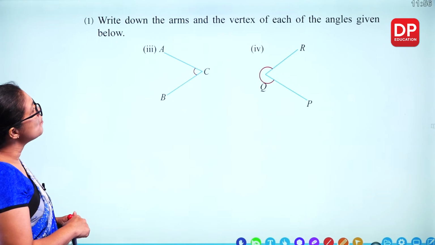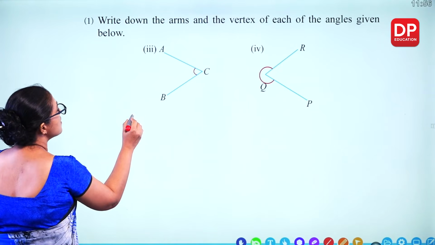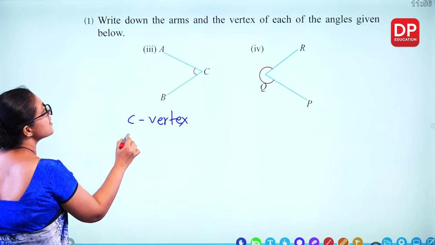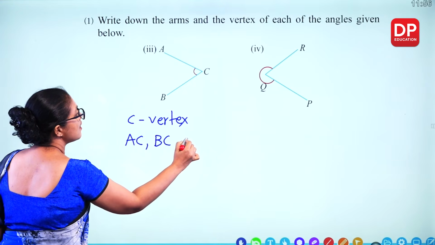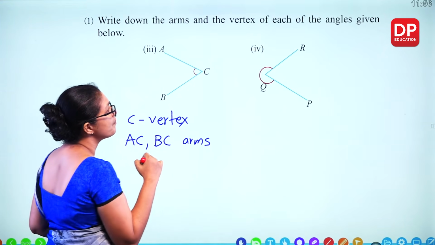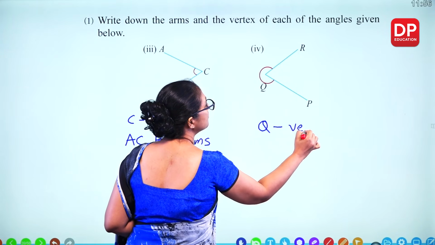Write down the arms and the vertex of each of the following. C is the vertex. And what are the arms? AC and BC are arms. This diagram, Q is the vertex.